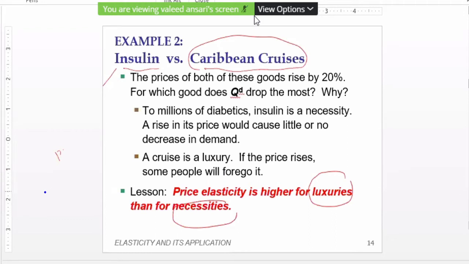So the crux of the matter is that price elasticity is greater for luxuries than for necessities, because one can postpone or find another alternative, but for necessities you can't do away with them.